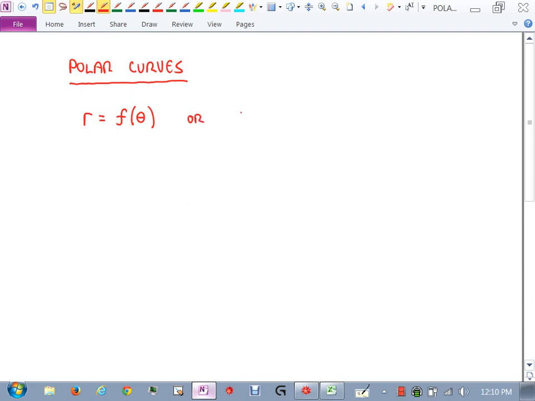Or you could possibly have theta equals a constant, or a different function, g of r, a function of the radius. Either your radius is a function of theta or your theta is a function of the radius. But r as a function of theta is the one that's most commonly used.